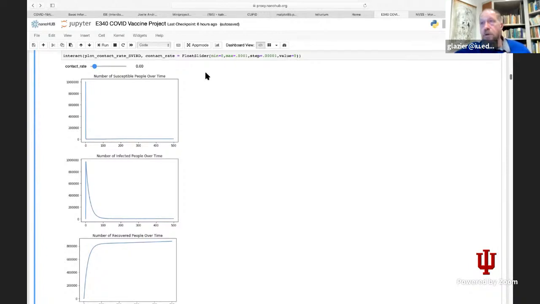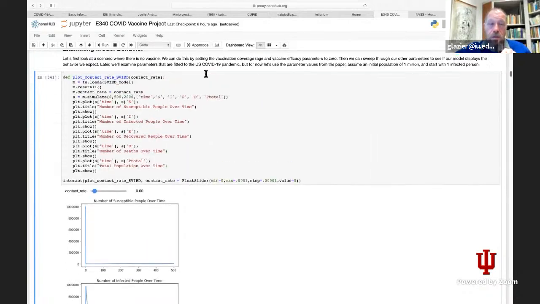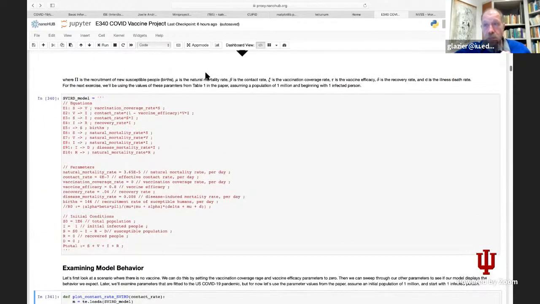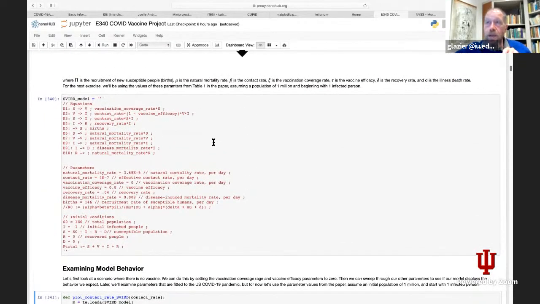If you scroll back up to the way you wrote it, and Alan does it this way, and a lot of people do it. You write susceptible goes to infected at a rate, contact rate times S times I. But that means that when the population changes, the rate of infection changes, and it shouldn't.